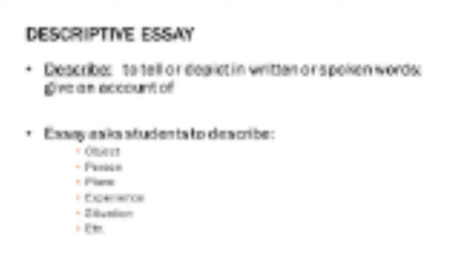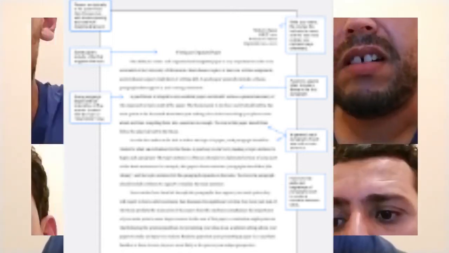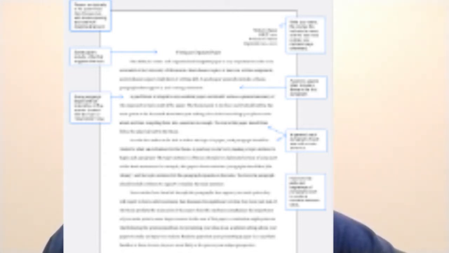The first, it means describes a subject, for example, a person, place, or an event. The second explains a concept or a theory, maybe. The third presents an argument through reasoning and the use of evidence.